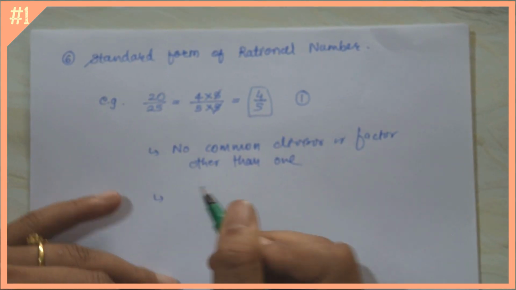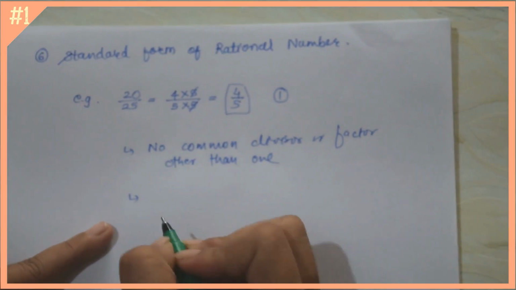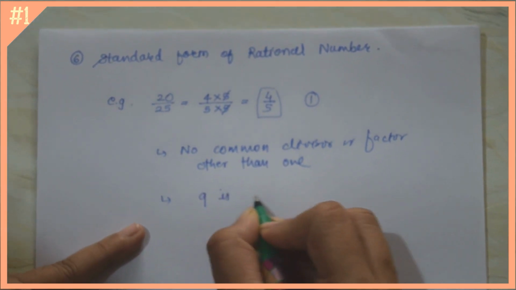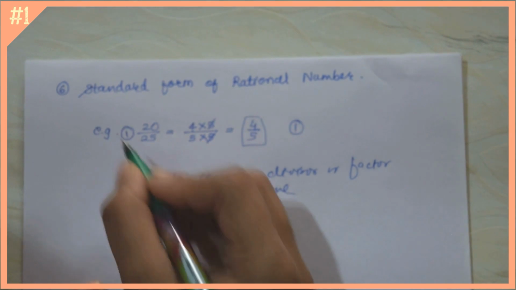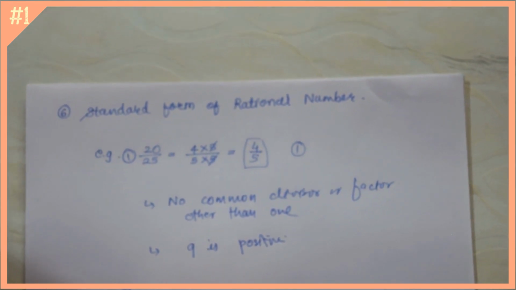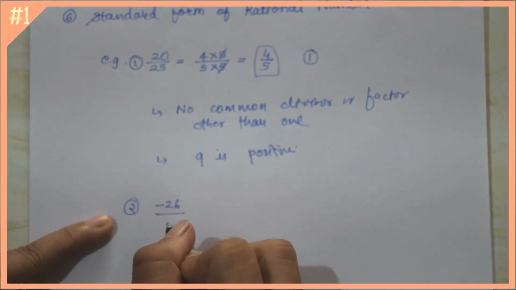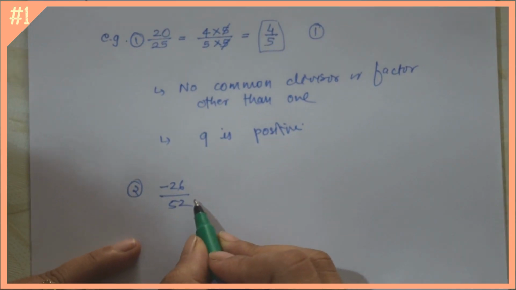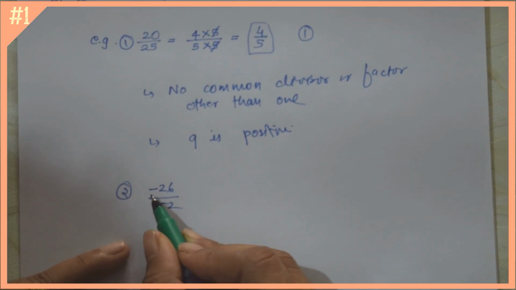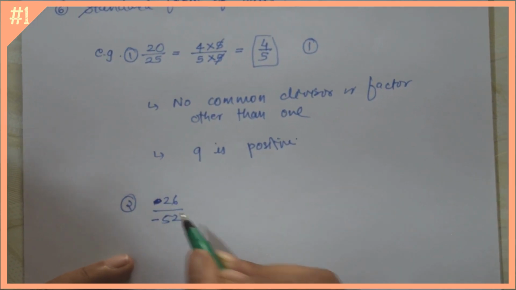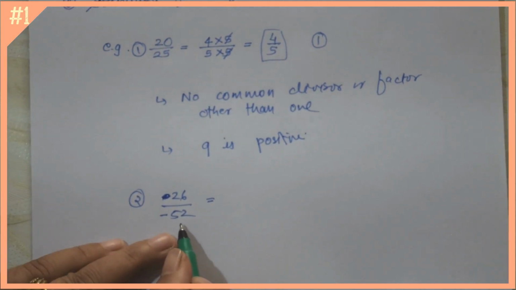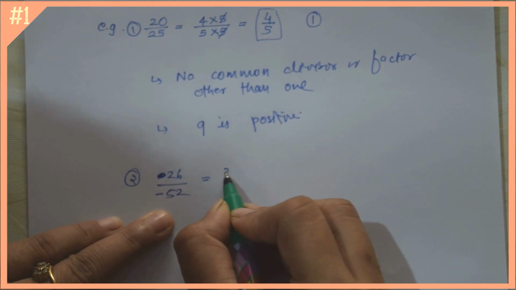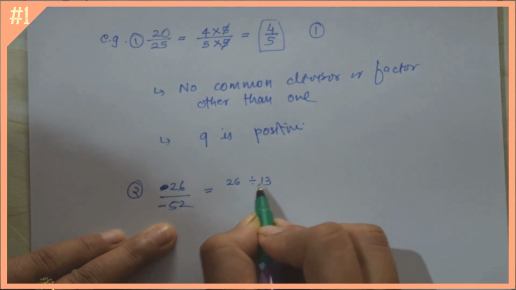And second condition, in case of negative rational numbers, is that q should be positive. Now I'll take an example where I am taking a negative rational number. Sorry, it should be 26 upon minus 52, because I wanted to take an example where q is negative. Now I know that they have a common factor, which is 13.